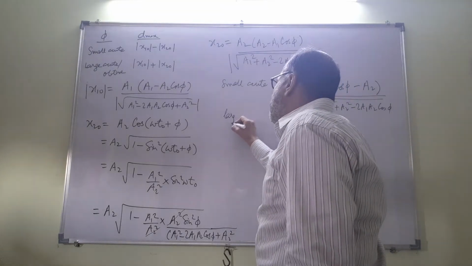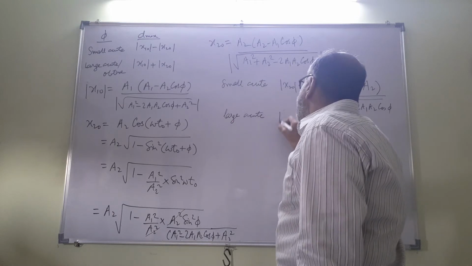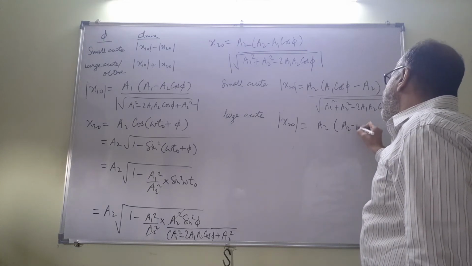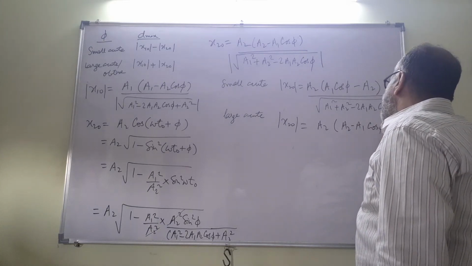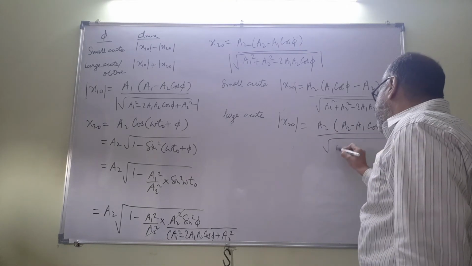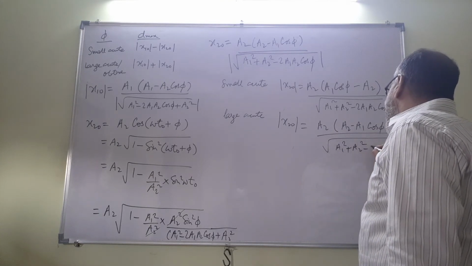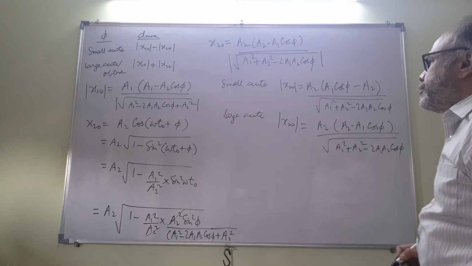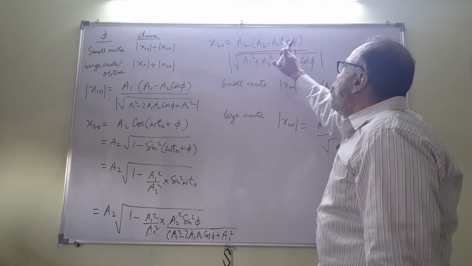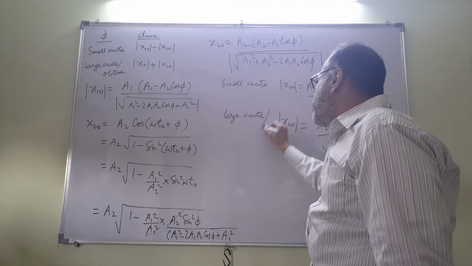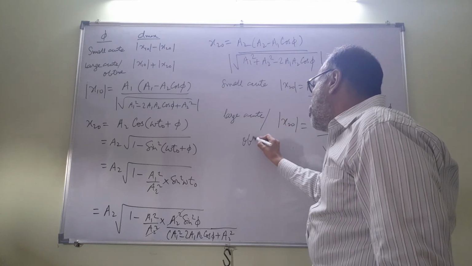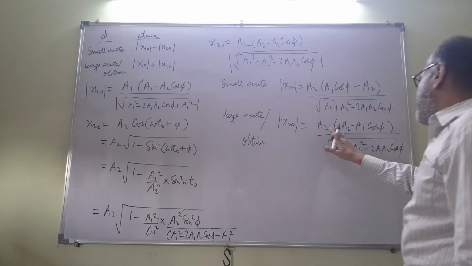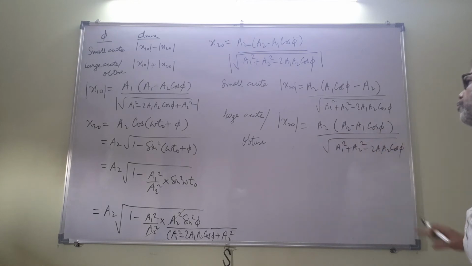So if it is large acute, x2 naught would be a2 into a2 minus a1 cos phi by root of a1 squared plus a2 squared minus 2a1 a2 cos phi. If it is obtuse, this quantity is going to be positive. So if it is a large acute or obtuse angle, this whole thing will be positive and we will write it in the same way.